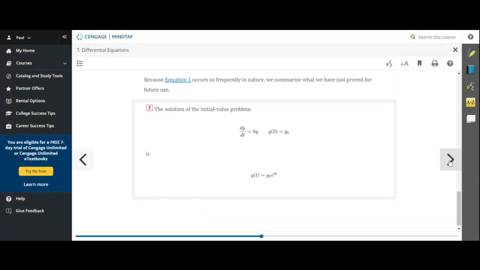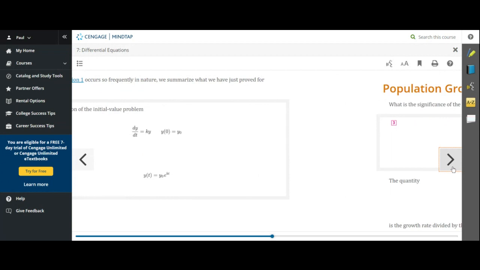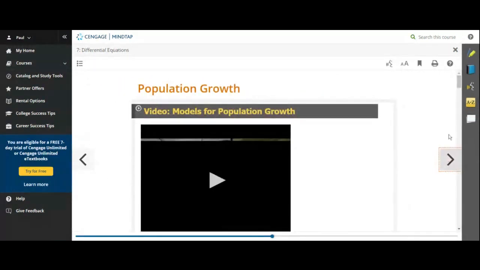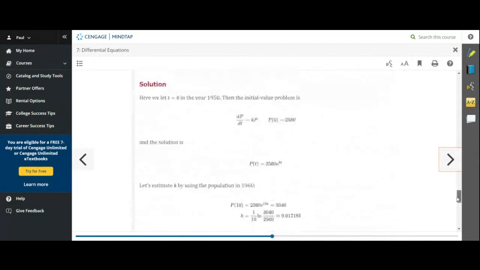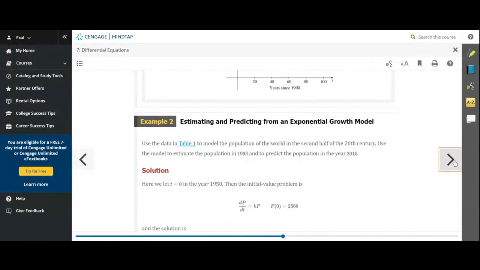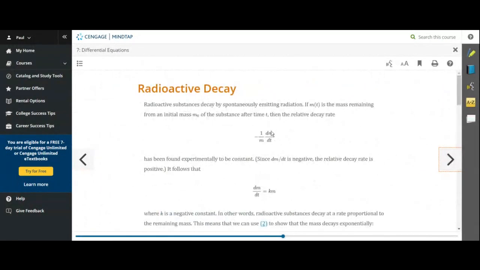One of the applications is population growth, which I mentioned. You could have radioactive decay. How many remember radioactive decay, dealing with those kinds of problems in pre-calculus? Absolutely, and thank you, Tyreek, thank you, Josiah.